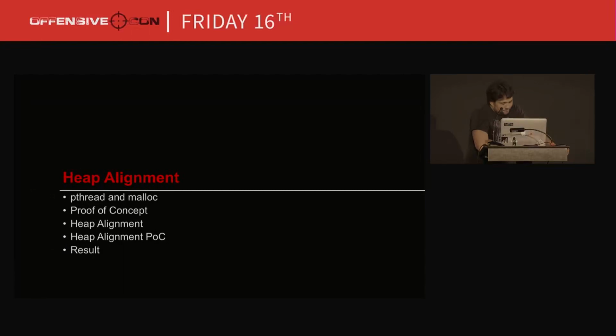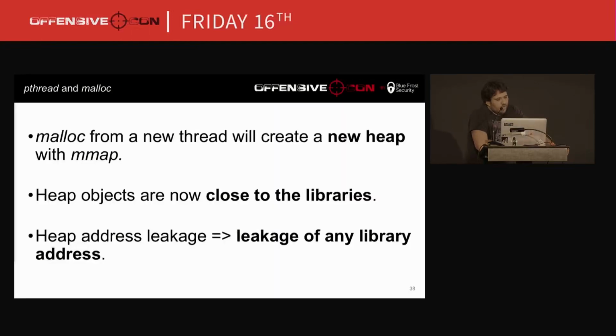Next, let's call malloc from the thread we just created. If you call malloc from the thread, you will see that mmap is called, and this mmap just creates a new heap. And what does it mean?